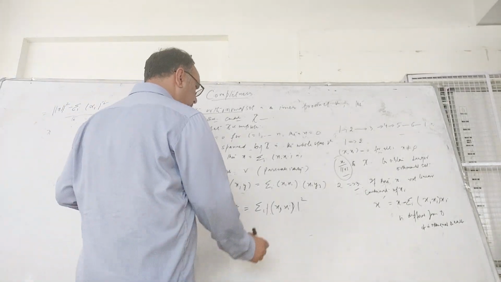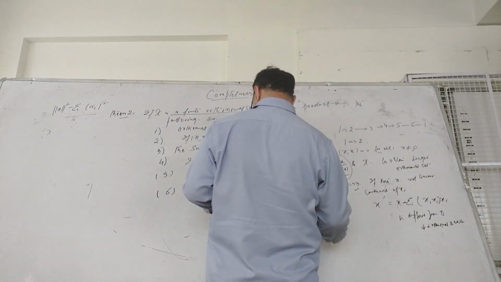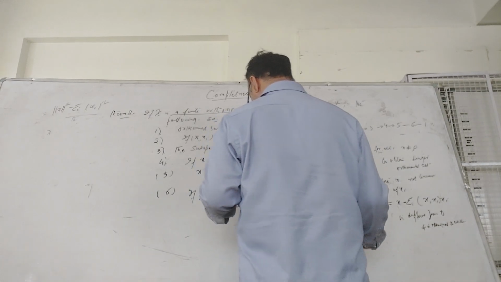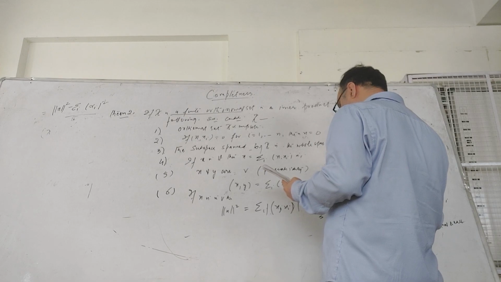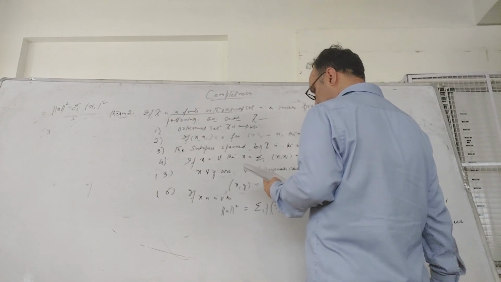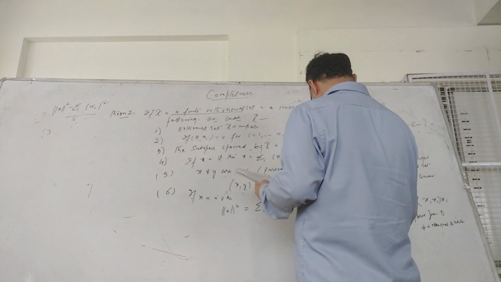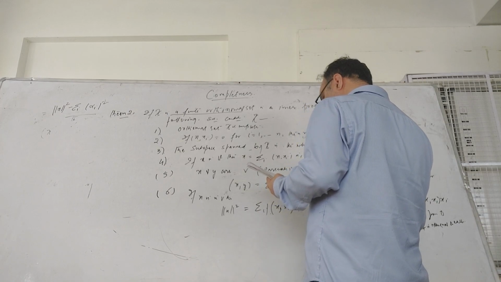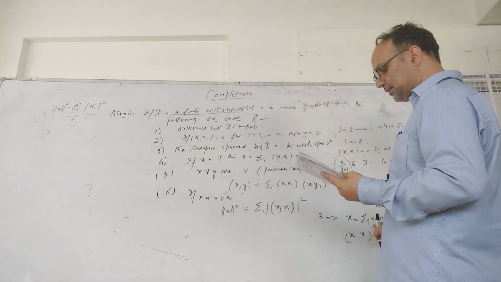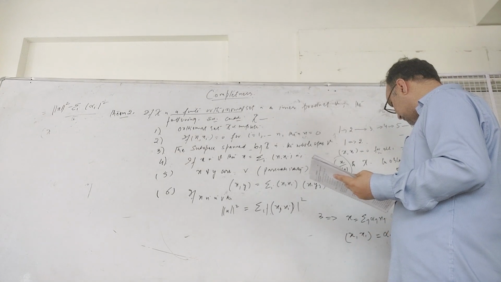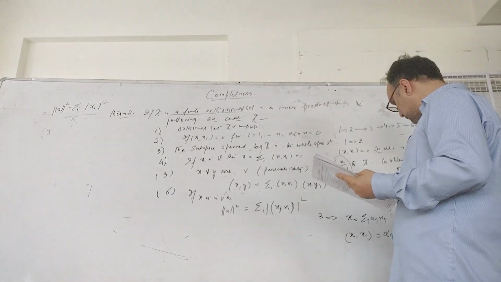This is 2 to 3, and now 3 to 4 is: if x has the form sum of alpha j xj, then (x, xi), we can have this scalar outside, so we can also have (xj, xi).